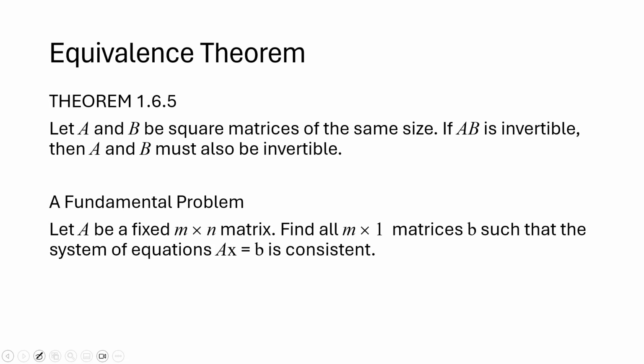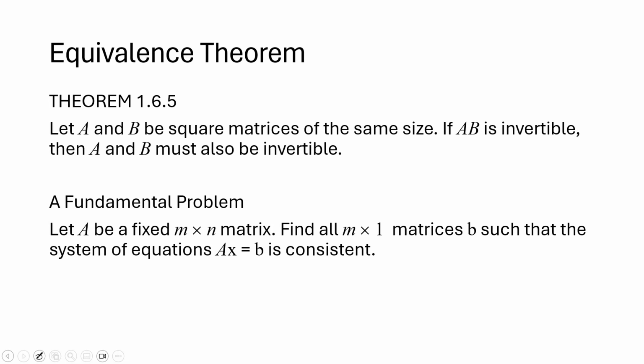In our later discussion, the following fundamental problem will occur frequently in various contexts. The fundamental problem is: let A be a fixed m by n matrix. Find all m by 1 matrices B such that the system of equations Ax equals B is consistent.